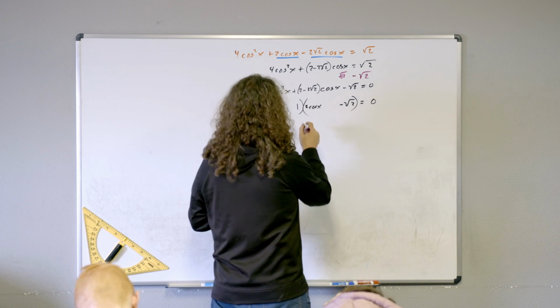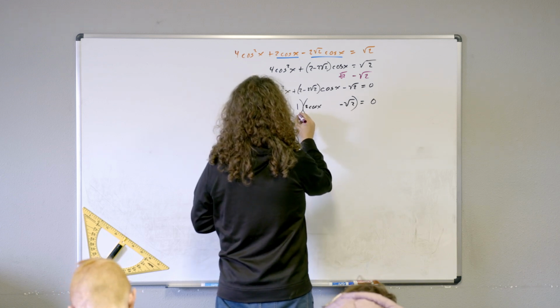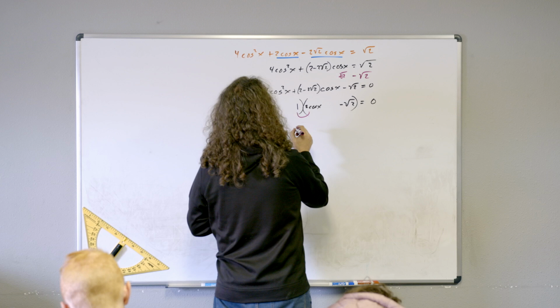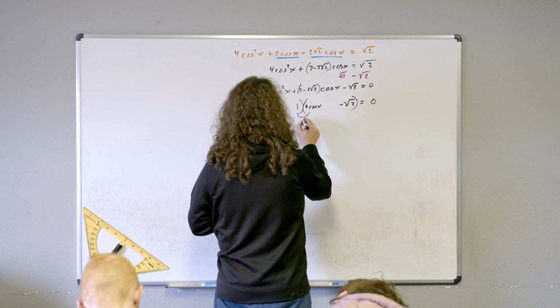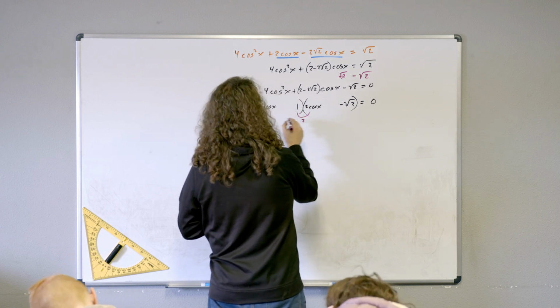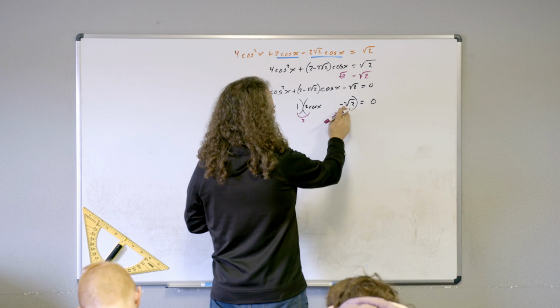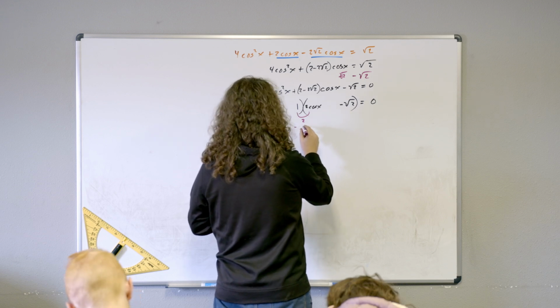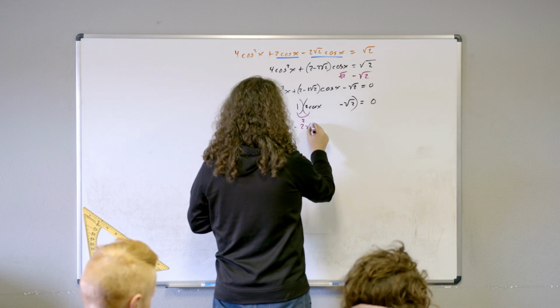It's 2 minus 2 square root of 2. 2 times 1 is 2, and 2 times negative square root of 2 is negative 2 times the square root of 2.